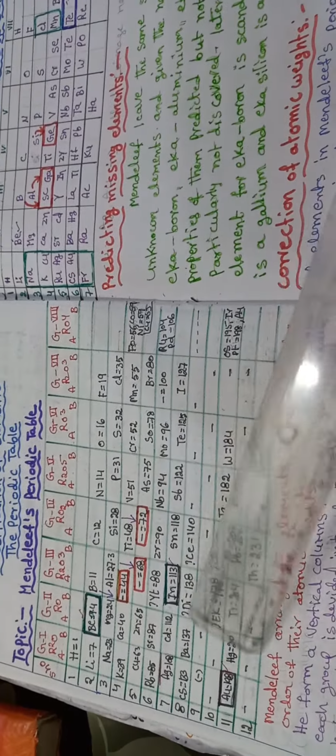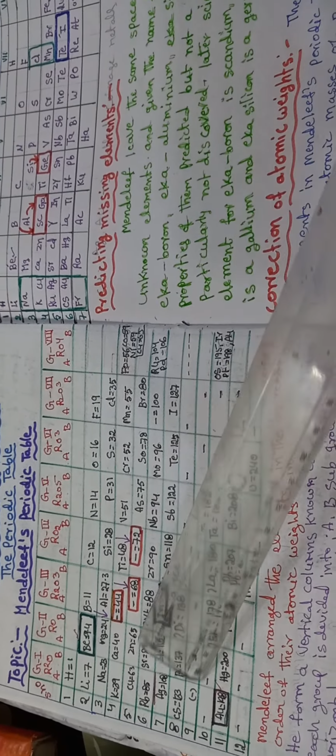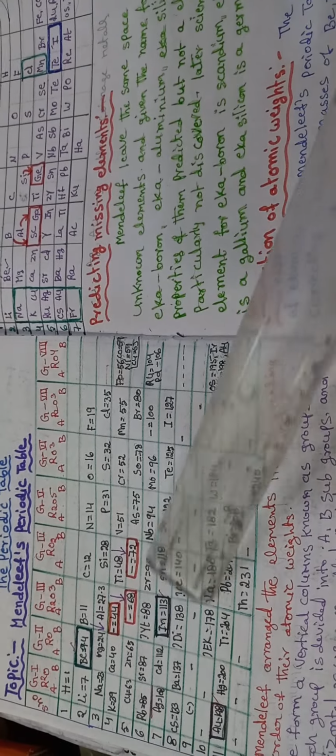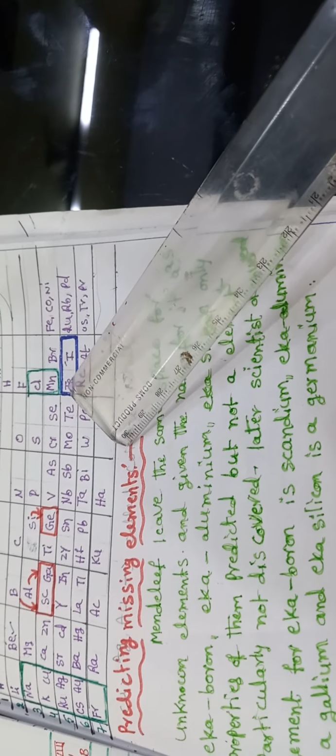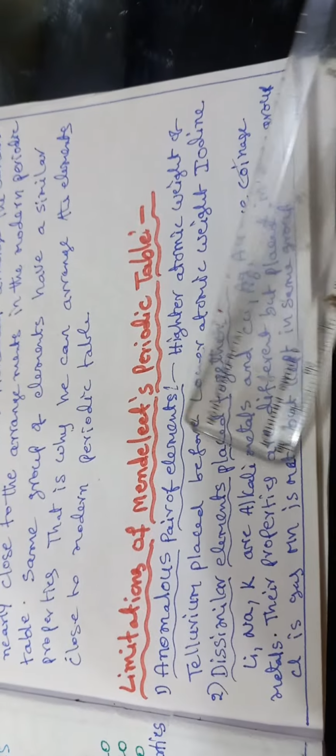All elements should sit in the correct position of the periodic table with increasing atomic weight. But here we can see tellurium's atomic weight is more than iodine's, yet tellurium is placed before iodine. So it is a drawback in the Mendeleev periodic table.